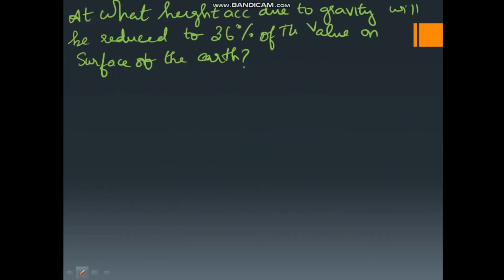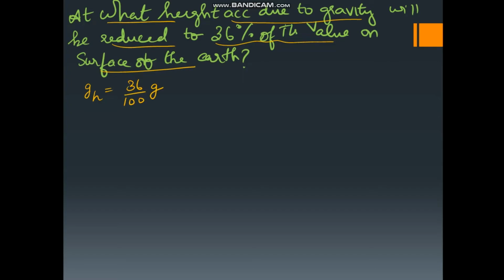Now let us see the next question. At what height will acceleration due to gravity be reduced to 36% of its value on the surface of the earth? So at some height the value is 36% of g on the surface of the earth.